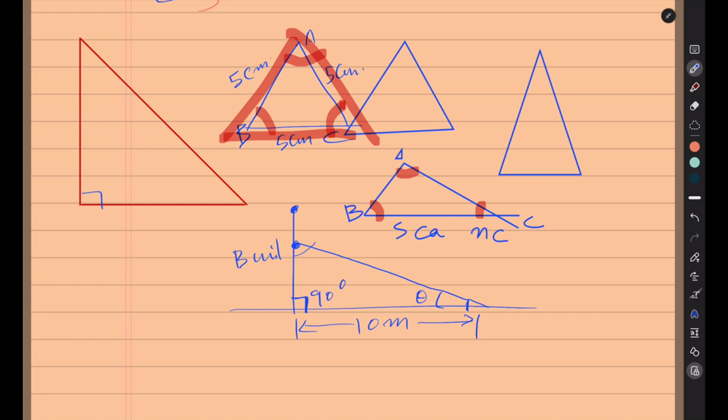So 90 degree angle is very important, and it is the most occurring angle in nature, or mostly on man-made objects, we can say. So it's a very useful angle.